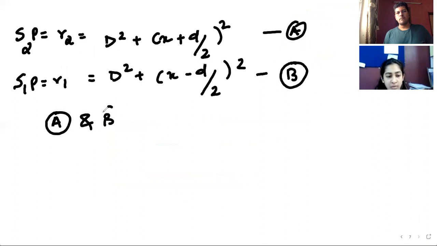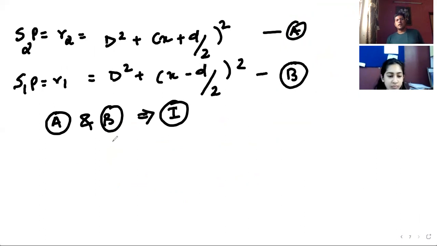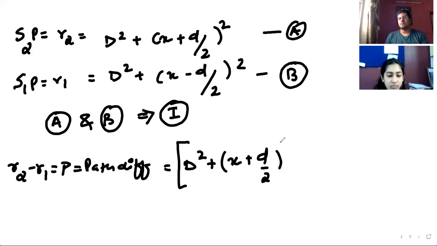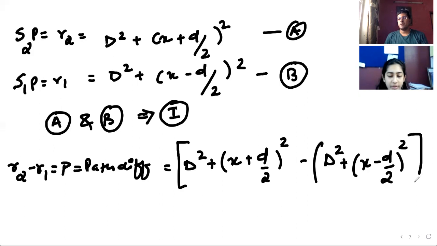બરાબર. So we can say that R2 minus R1, which is P, which is a path difference, equals to capital D square plus X plus d by 2 whole square minus capital D square plus X minus d by 2 square.